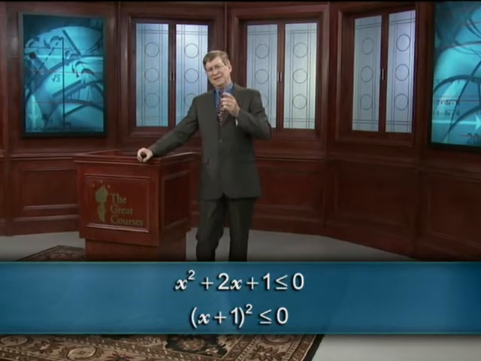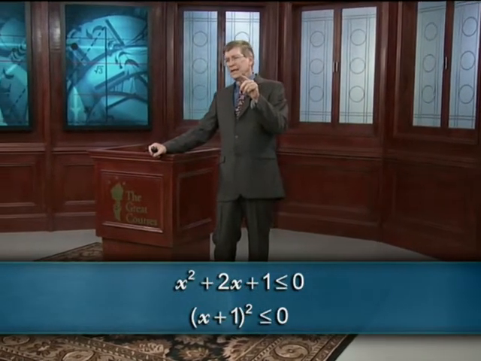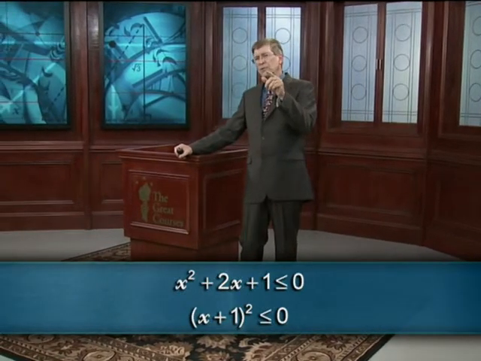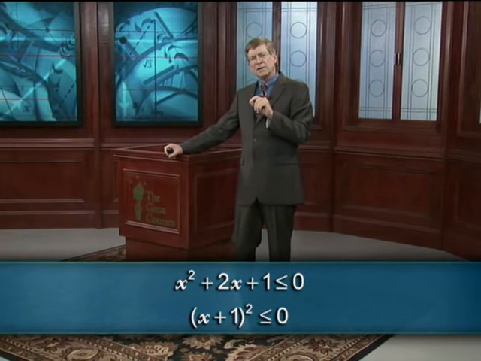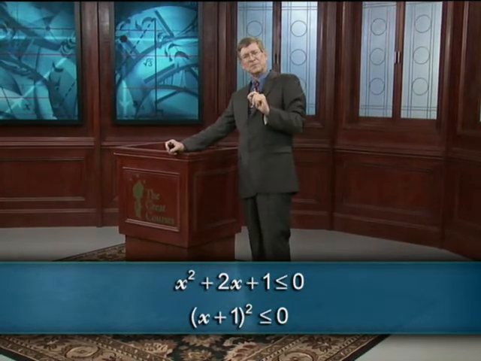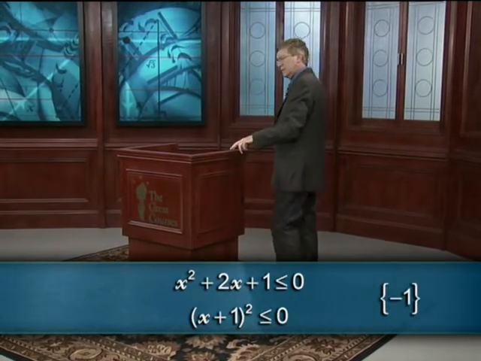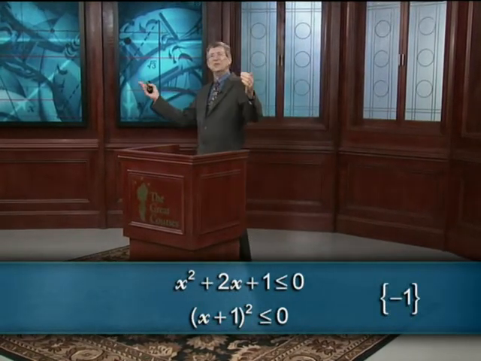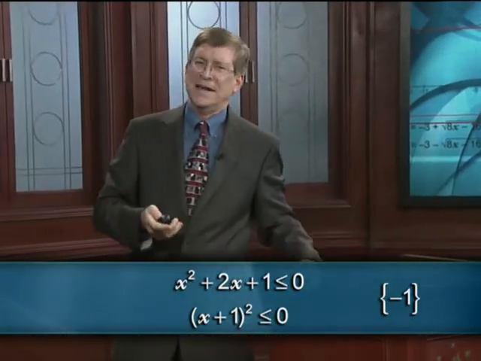Well, now wait a minute. x plus 1 squared is always greater than or equal to 0. In fact, it's 0 when x is minus 1. So that's the only value of x that works. This solution set consists of a single number, all alone. It's not an interval anymore, is it? It's just a single number, the number minus 1.